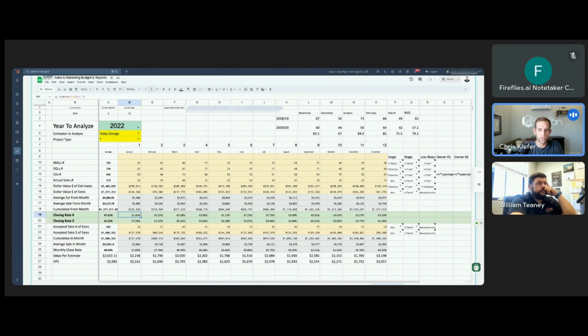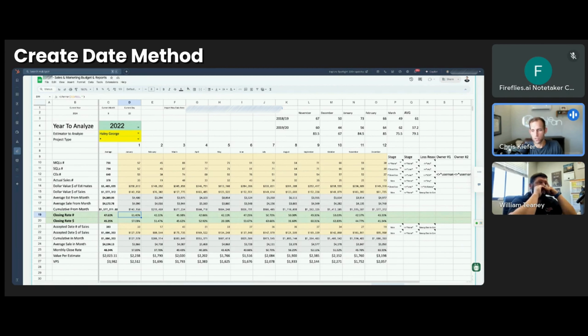The other one you could do is look at create date, which I think is probably the least common. But if you are looking at estimate or close rate with the creation date of the deal in both numerator and denominator, that's a really interesting one to look at the quality of marketing leads at different times of the year.